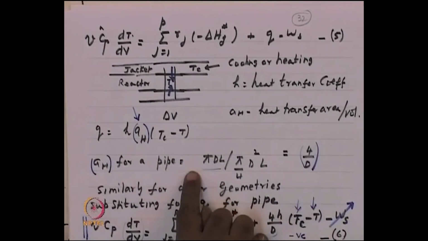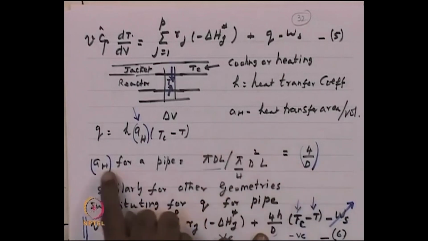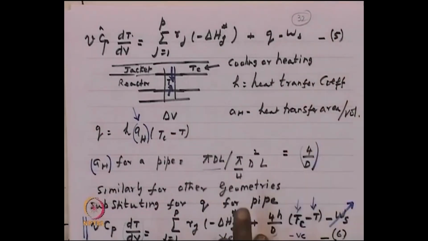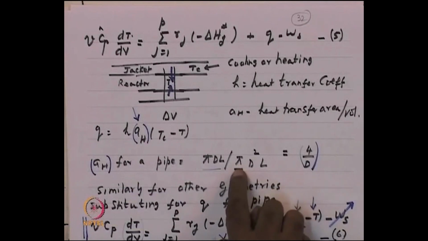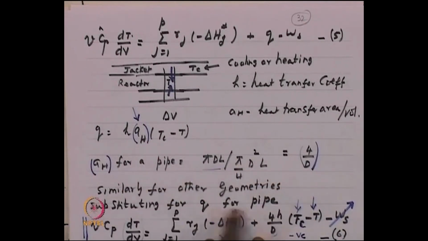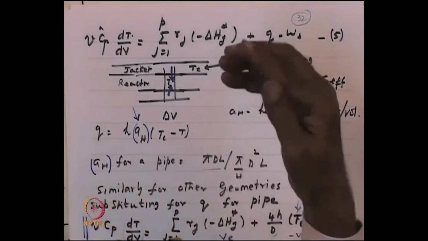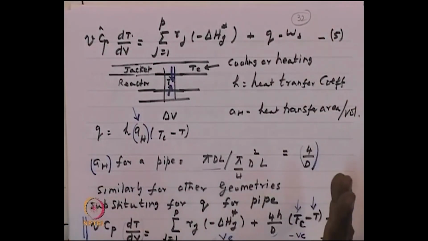So, for a radial flow reactor you will change this 4H by D. Okay. So, what I am trying to point out is that whatever simplification we make is under the assumption that we are using a pipe, but the moment it is not a pipe, then the left hand side is formulated properly, but the right hand side is not satisfactory. So, you should formulate this 4H by D, which is for a pipe, for a radial flow reactor, then it becomes appropriate for the radial flow reactor.